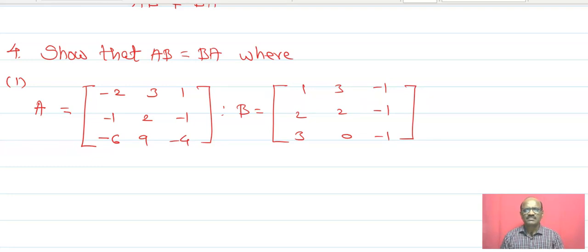Therefore, now see this. Now the order of the matrix A is 3 by 3, order of the matrix B is 3 by 3, and the resultant matrix, whatever that the BA is equal to, is also 3 by 3.